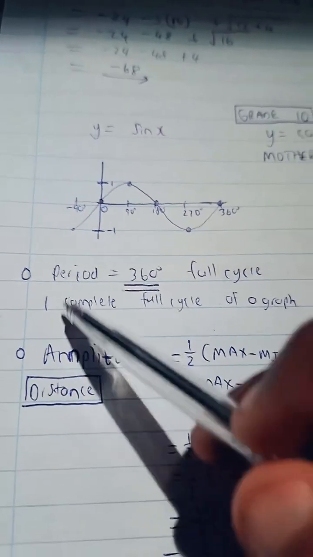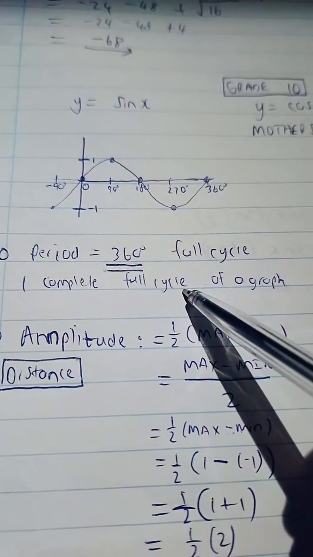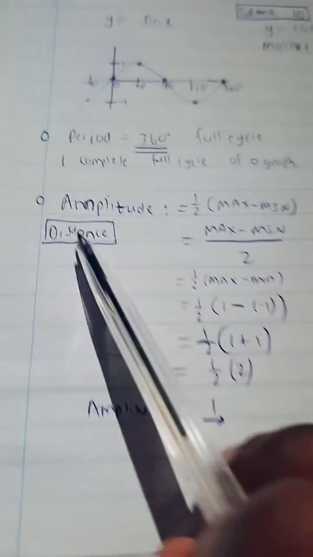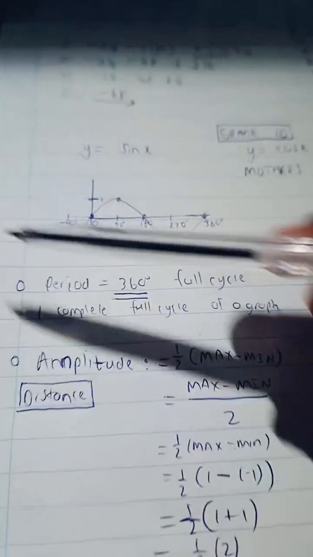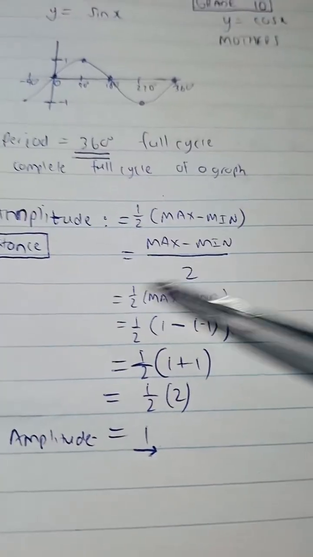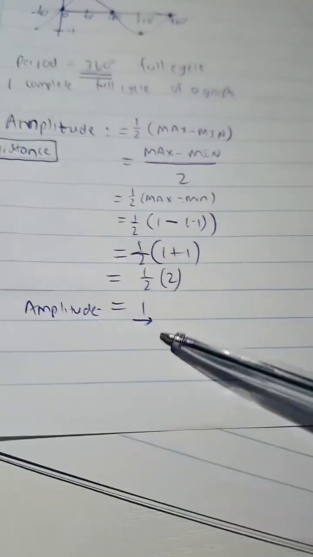So period is one complete full cycle of the given graph; in this case, the mother sine graph takes 360 degrees. Amplitude is the distance from the position of rest to the maximum, and the formula is half the maximum minus the minimum. So the amplitude in this case is 1.